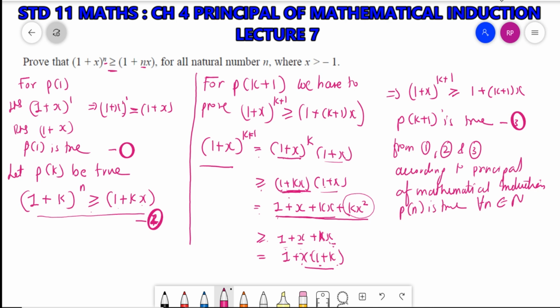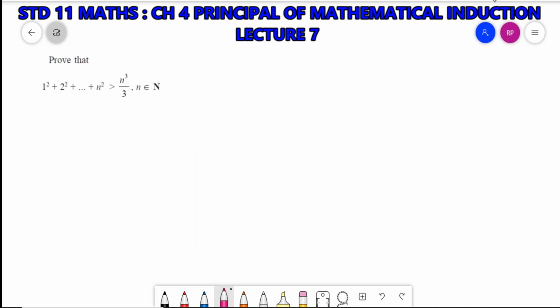Now let's see another question. Prove that 1 square plus 2 square up to n square is greater than n cubed by 3, where n belongs to N. Okay. Let's see first for P of 1.